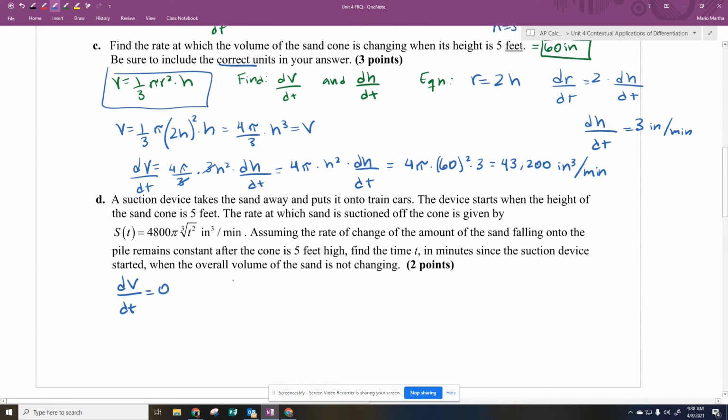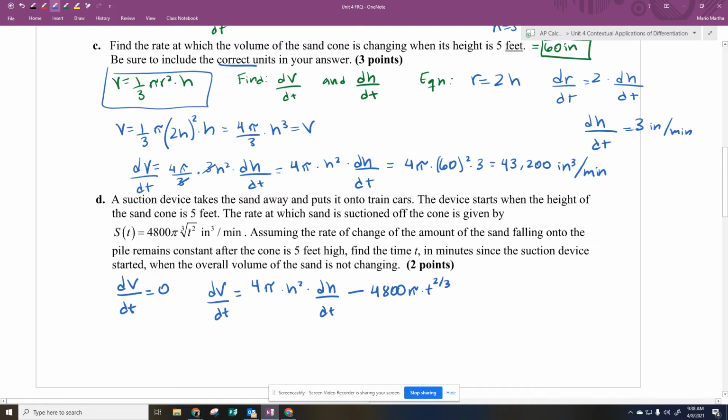We know dV/dt is 4 pi, so our setup is going to be like this: dV/dt equals 4 pi times the height squared times dh/dt, and then the suction device that's taking away sand is 4,800 pi times t raised to the 2/3.